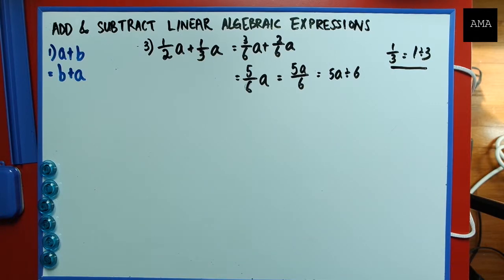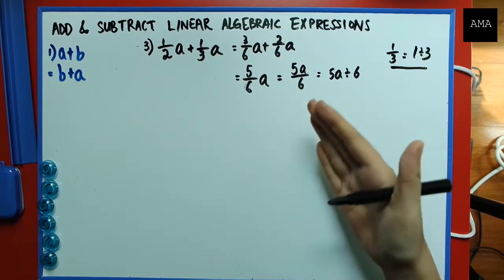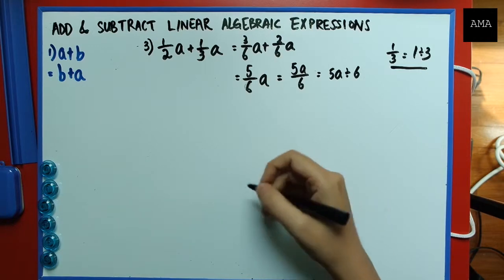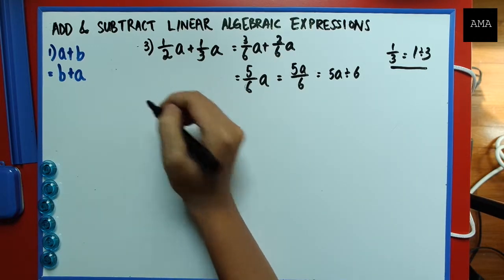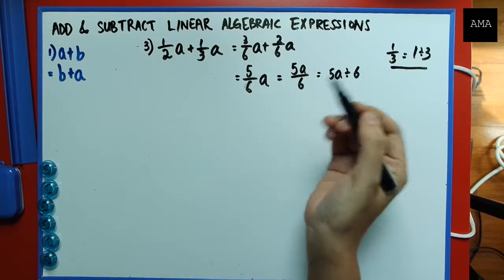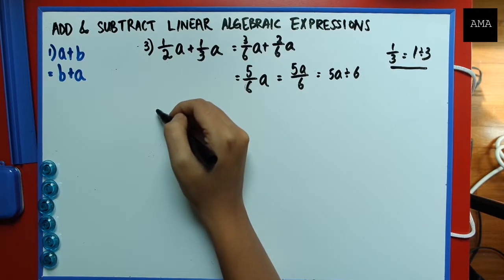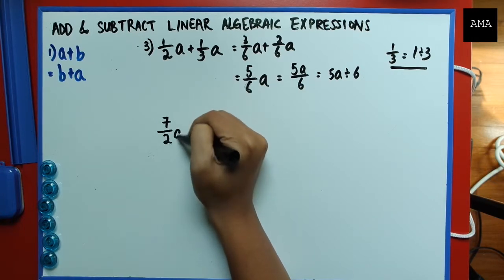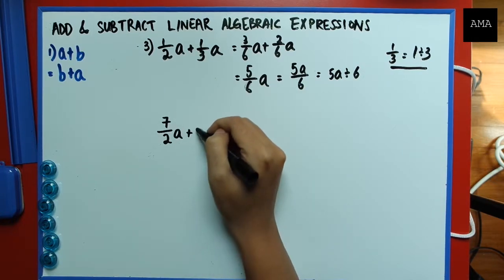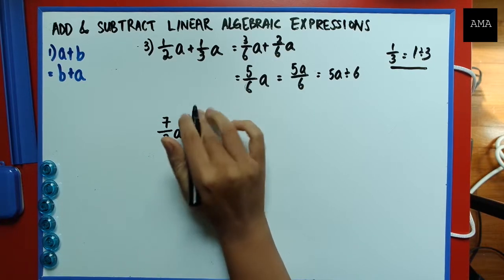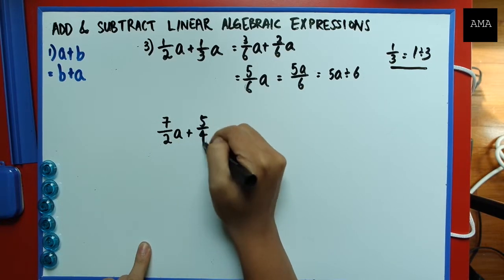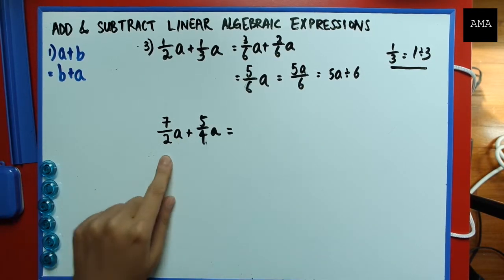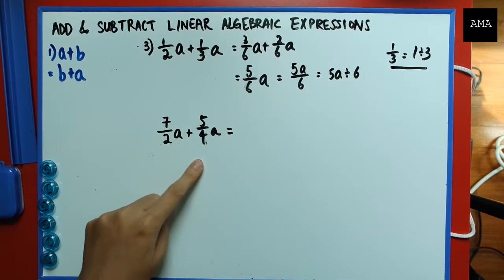Now, I will do something a little bit more tricky. The next thing is, so here it's still pretty nice. Now we'll deal with fractions that are larger. These two are more than 1, right?